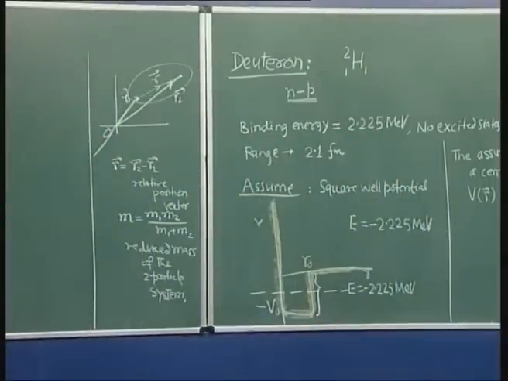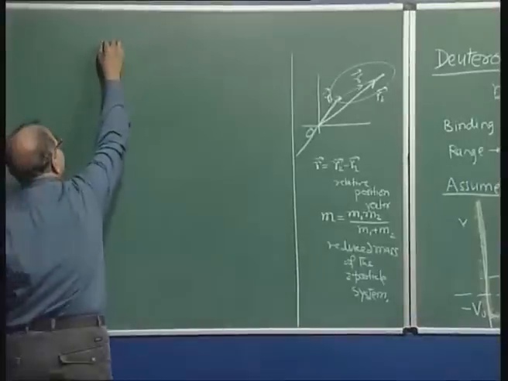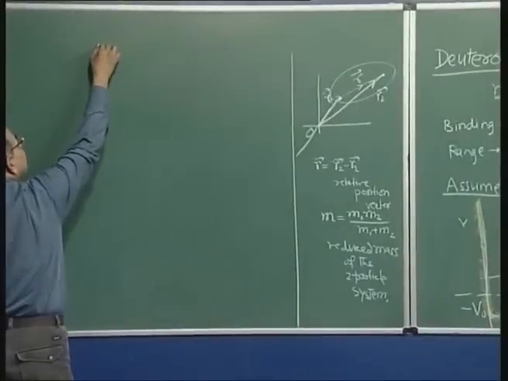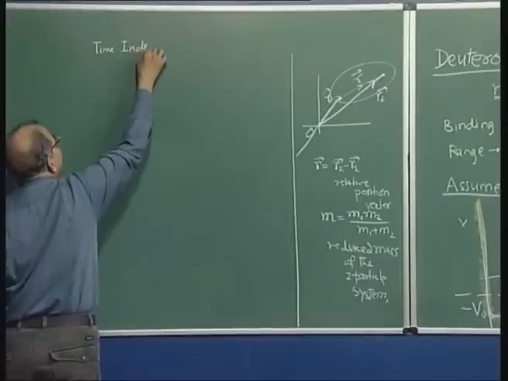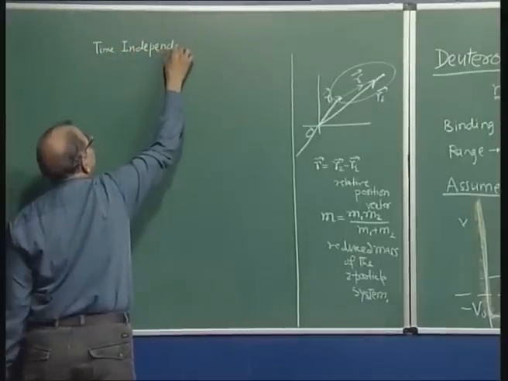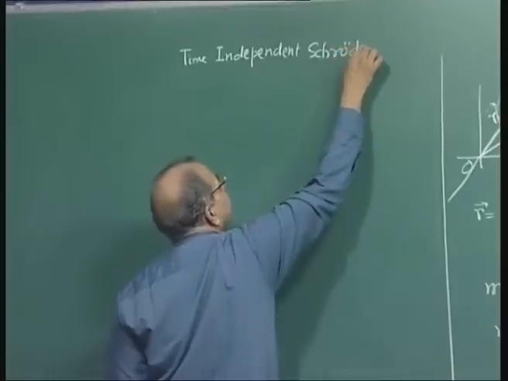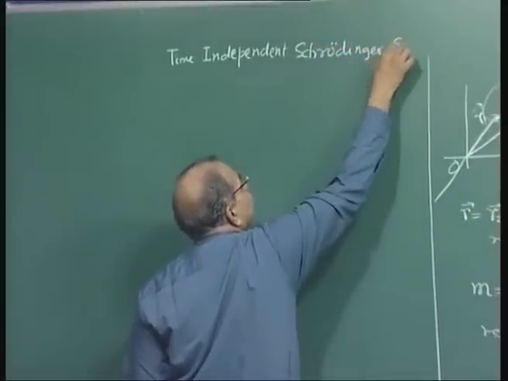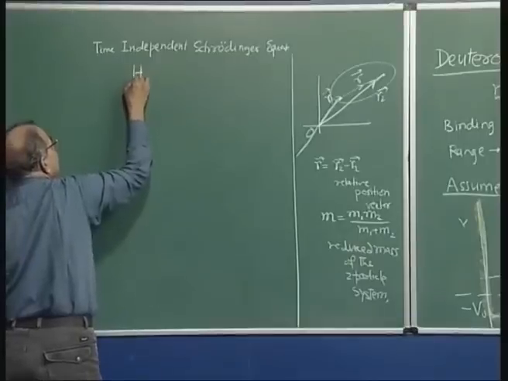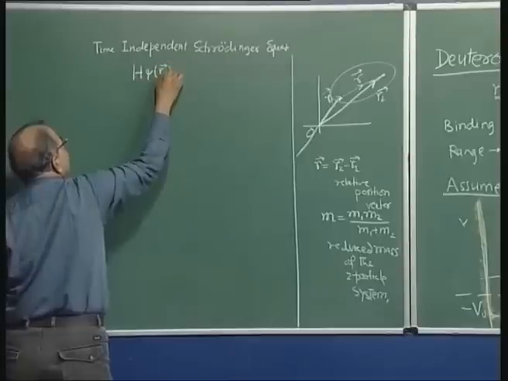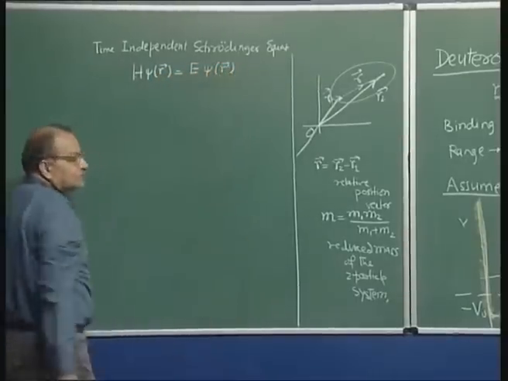The standard method is that if you have a central potential, the energy eigenfunctions are easy to write. First, let us write the energy eigen equation, which is the time independent Schrodinger equation. How do you get energy? From the time independent Schrodinger equation. The Hamiltonian acting on the wave function is equal to E psi.